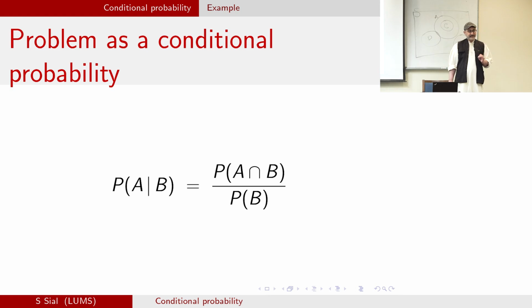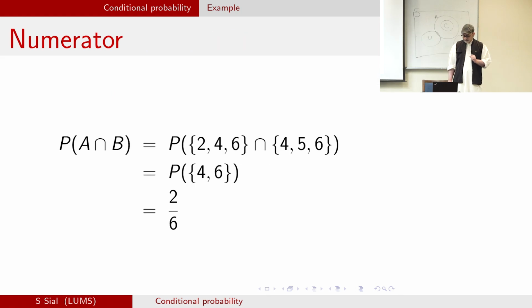The formula is probability of A intersection B divided by the probability of B. We take A and we take B, and we see that they have two common elements, 4 and 6. So A intersection B is the event of rolling a 4 or a 6.